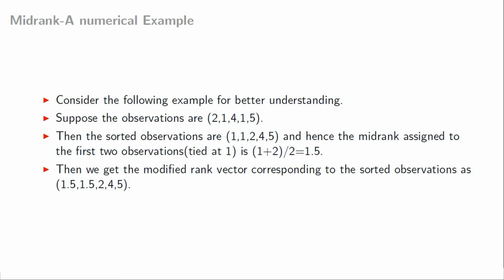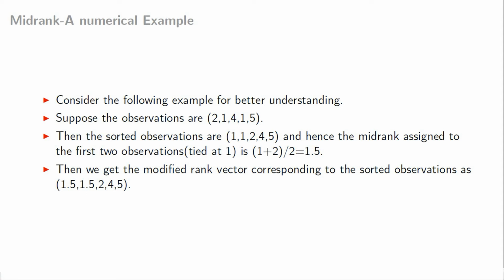So, let us illustrate the concept of midrank through a numerical example. There are 5 observations, and they are 2, 1, 4, 1 and 5. When we sort the observations, we get the sorted observations as 1, 1, 2, 4, 5. The first 2 observations are tied at 1, so we assign the midrank as (1 plus 2) divided by 2, that is 1.5.